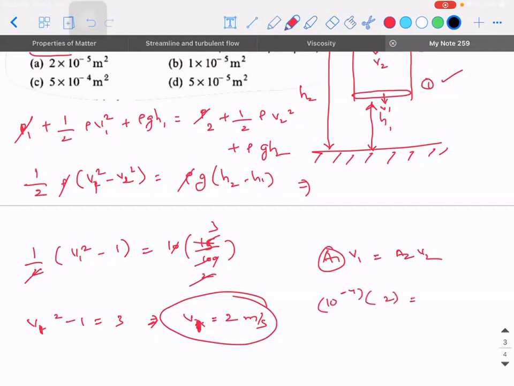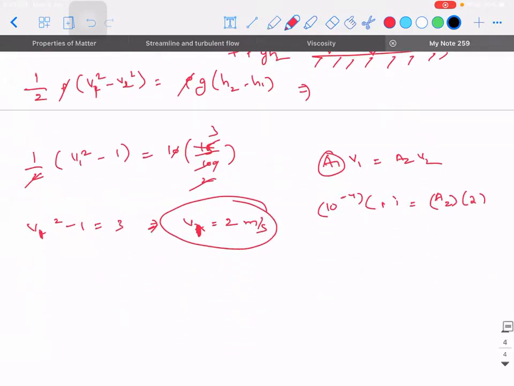Into V1 is equal to A2 into V2. Sir, V1 is 1 only, sir. V1 is, sorry, V1 is 1 and V2 is 2. So A2 will be 1 by 2 into 10 power minus 4.